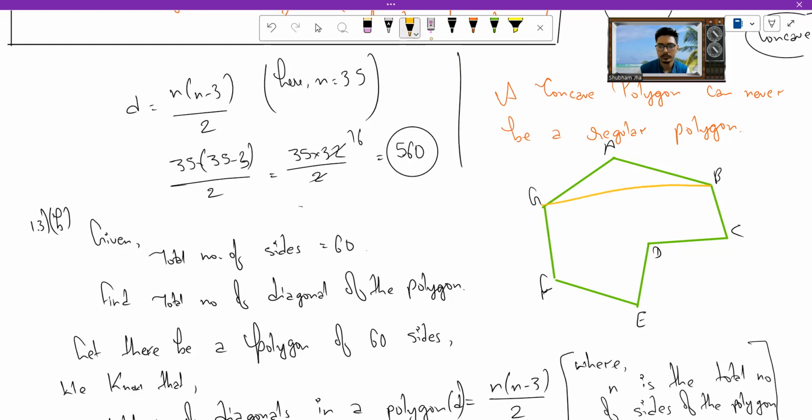This is 1, this is my 2, this is my 3, this is my 4. Okay, we have connected it. Now this will be my 5, this will be my 6, this will be my 7, this will be my 8.